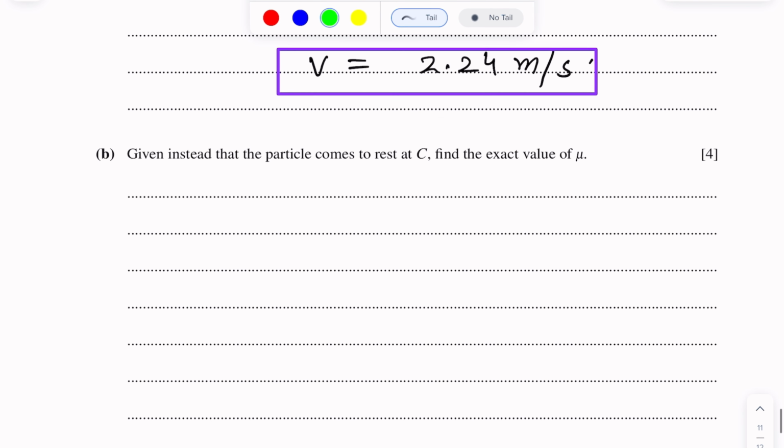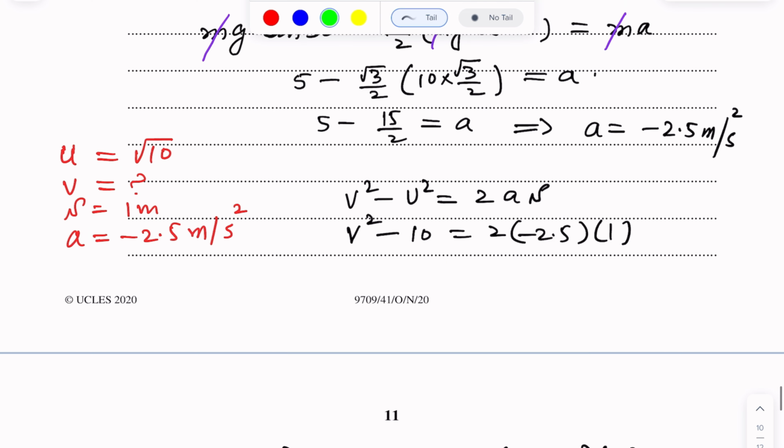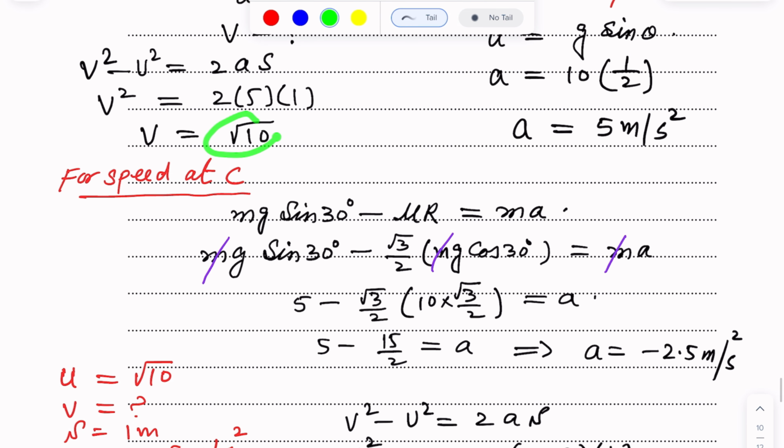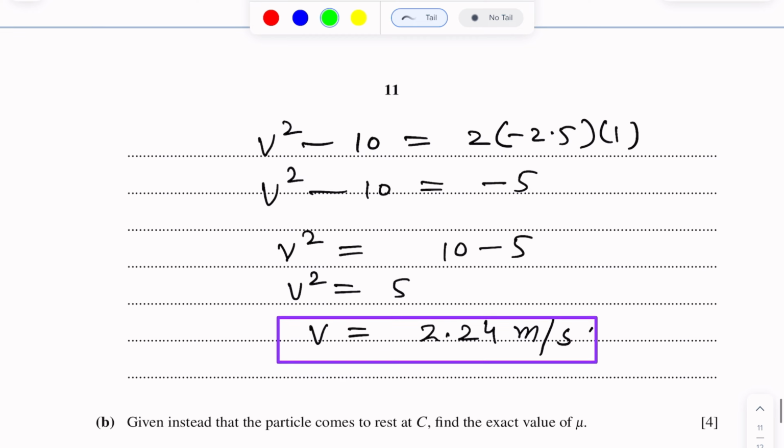Now again we consider the initial speed at B, we have already found that, under root 10. The final speed is 0 because it is given in the question, but we need the acceleration. Now we will find the acceleration.